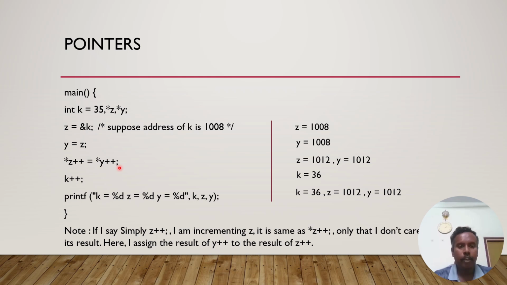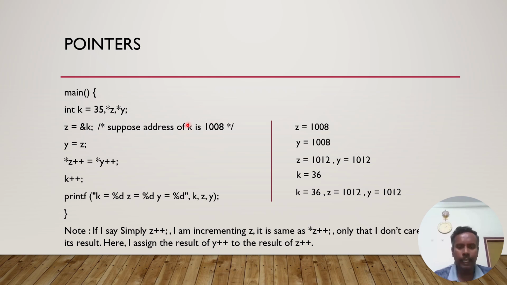First, what happens is we are incrementing y plus plus and z plus plus. y plus plus is an increment, which means we are incrementing the address. y is first pointing to 1008.